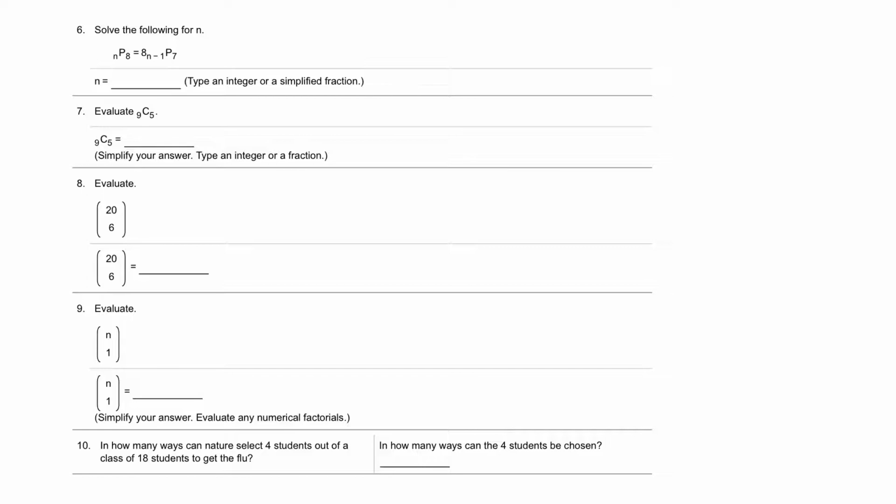There's a formula: nPr is equal to n factorial over n minus r factorial, where n is the first thing and r is the second thing. So with this, it'll be n factorial over n minus 8 factorial, and they say that's equal to this.